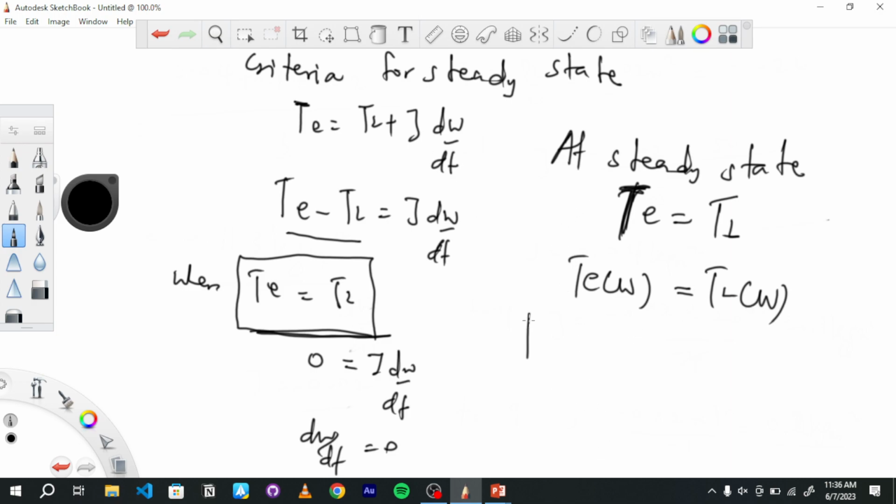What this means is that if I plot a graph of TE against omega, and another graph of TL against omega, the point where they intersect is where they are equal. That point is what will give me the steady state value.